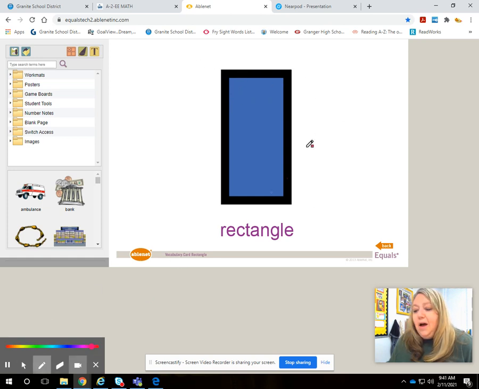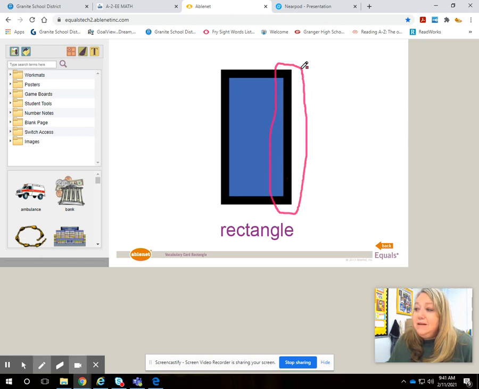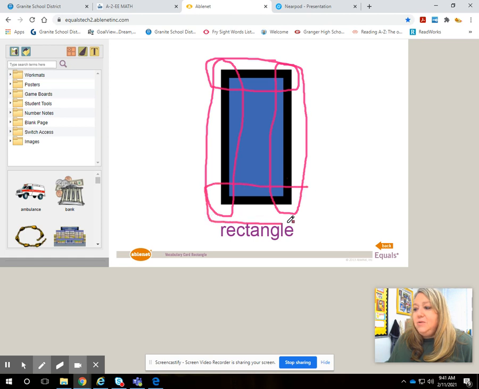There we go. Okay, so we also learned sides last time. This side and this side, they're longer. See how they're longer than these sides? There's two sides at the top and two sides at the bottom. Well, these ones are shorter than these ones. And that's what makes it a rectangle, is having those different lengths. And that's different from a square because a square has all the same length sides.